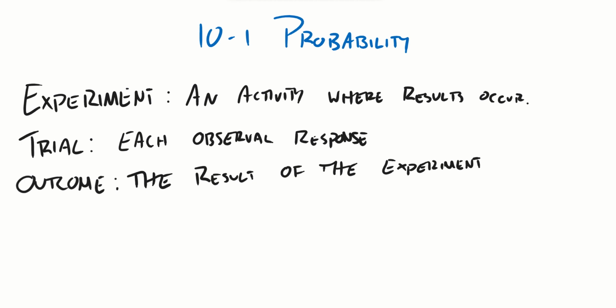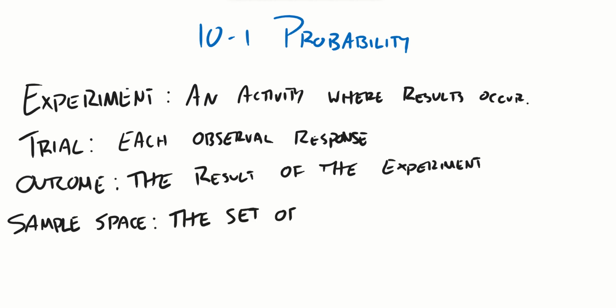Now, another word we have is the sample space. This is the set of all possible outcomes.